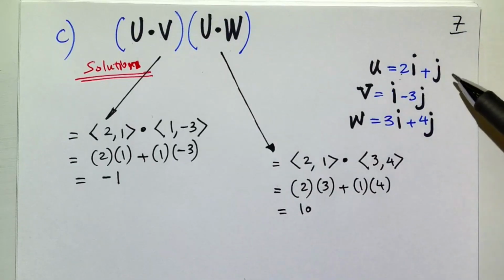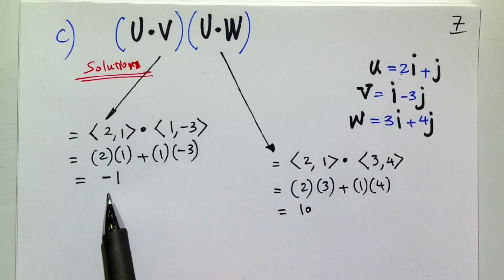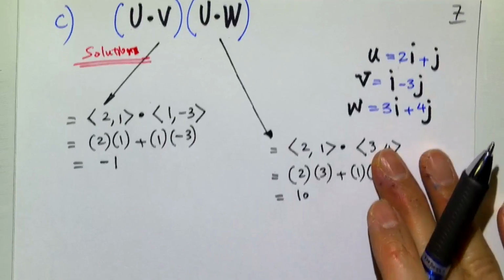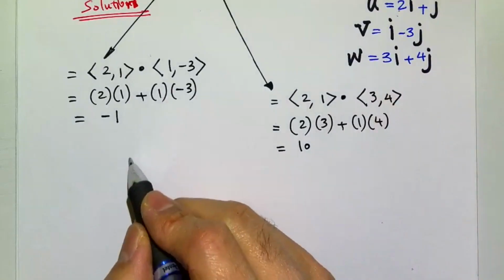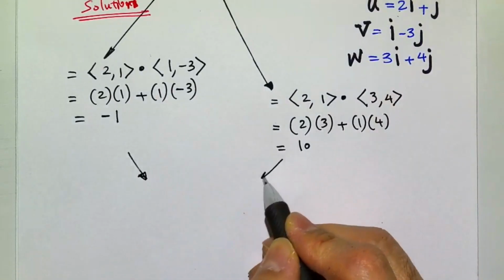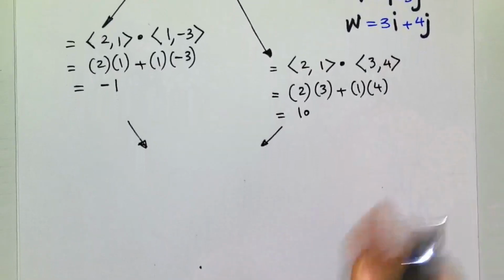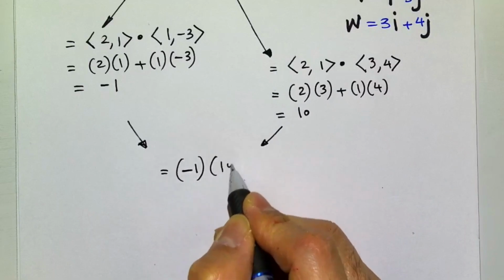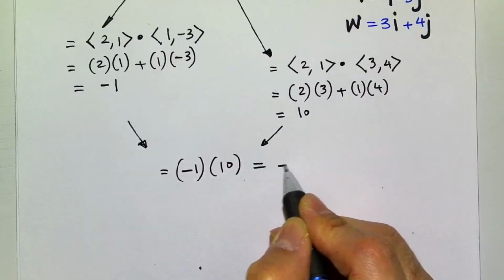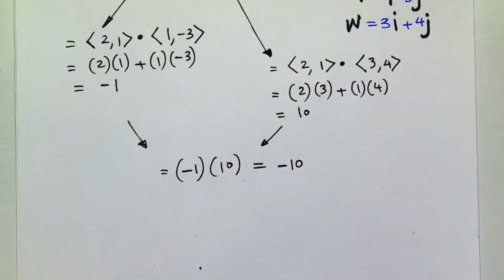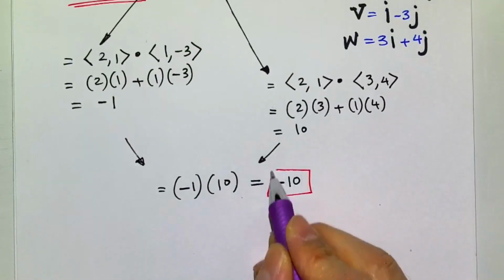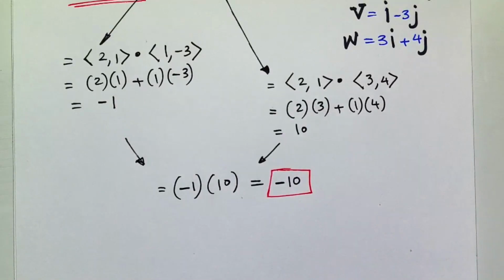So now we can simply multiply negative 1 times 10. So let's do that. All right, minus 1 times 10, and the final result is negative 10. Like that.